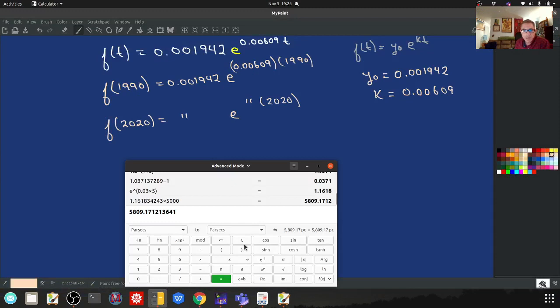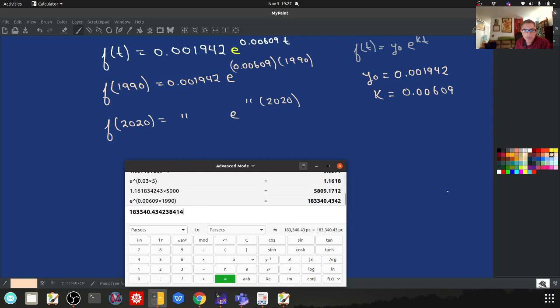So the first thing I want to find here is e raised to 0.00609 times 1990.